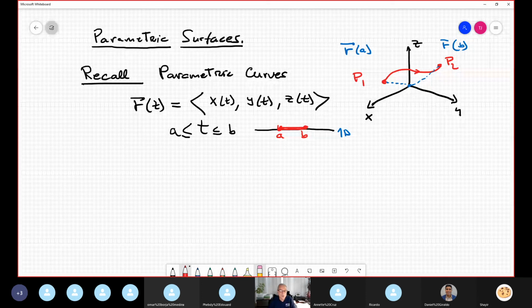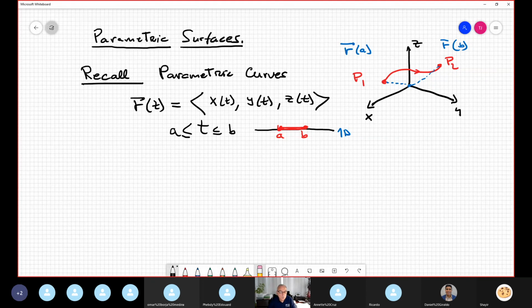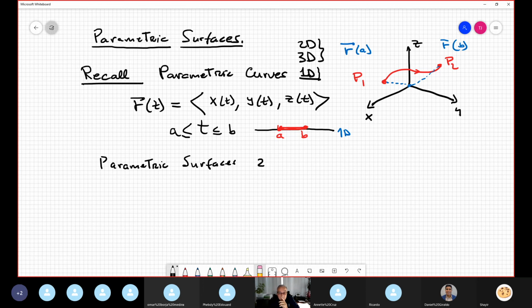Parametric surface. This is new. A surface is different. A curve is a one-dimension object that may live in a 3D or 2D ambient space. This is the ambient dimension, and this is the dimension of the object. A surface is two-dimensional.